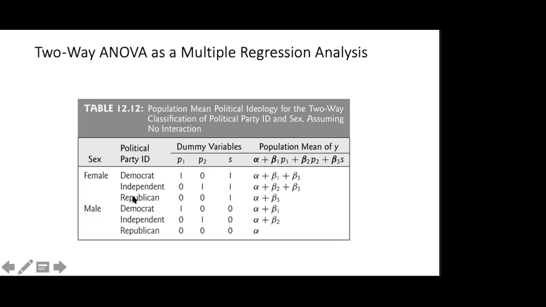And then we already talked about beta 3: it is a difference in political ideology between female Republicans and male Republicans. The other two means are a little bit more involved, right? They're combinations of these effects that we just expressed. Okay. Then our population mean is just all effects added together, obviously.